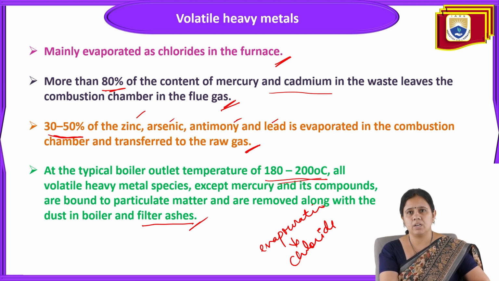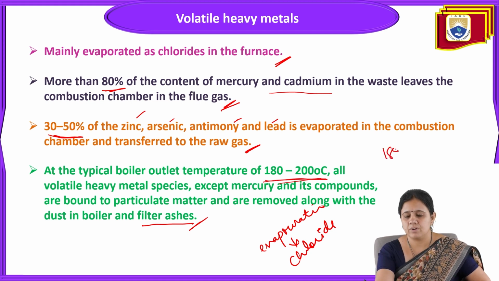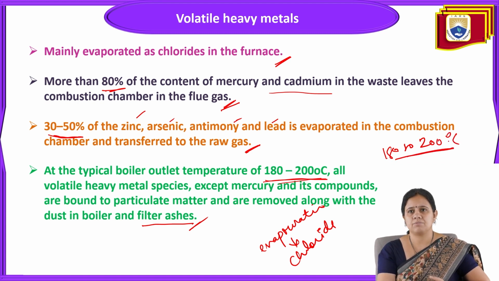At the typical boiler outlet temperature of 180 to 200 degrees Celsius, all volatile heavy metal species, except some of the mercury and its compounds, are bound to particulate matter and removed along with the dust in boilers and filter ashes.